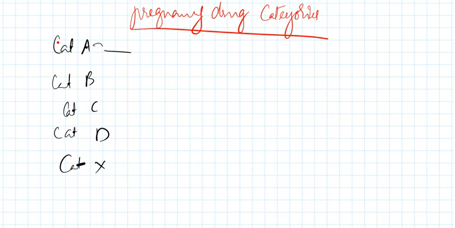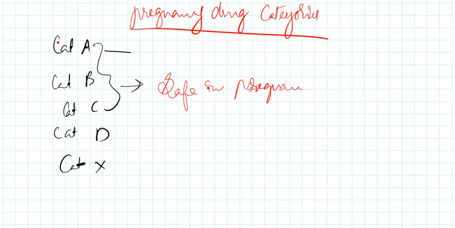Category A, category B, category C, they are completely safe in pregnancy. Guys, remember this point. It is very, very important. You will be getting a potential INI-CET question.